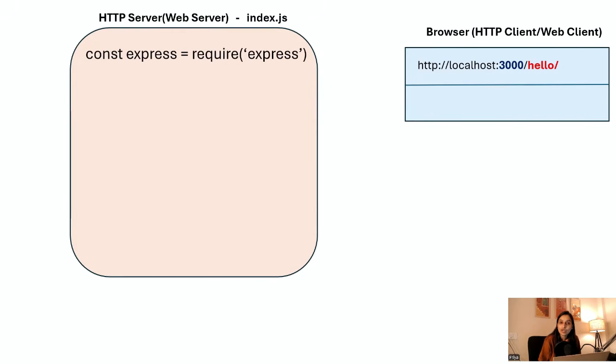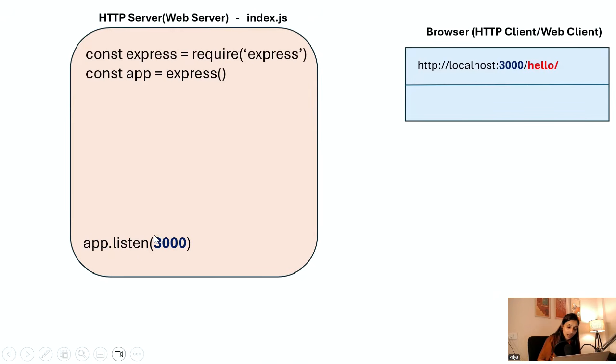So how to create the server? We create one object for Express, and that object reference variable is app. That app variable is holding your entire Express application. So now I am telling app, you are the server now. If someone sends a request to this server, it will listen.